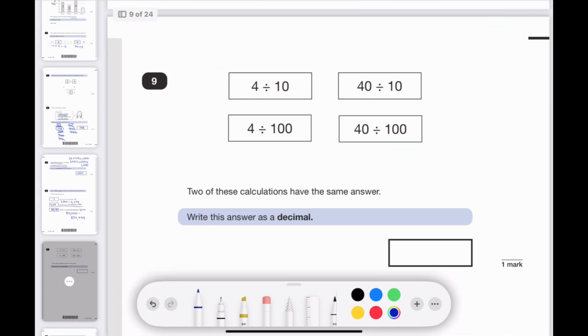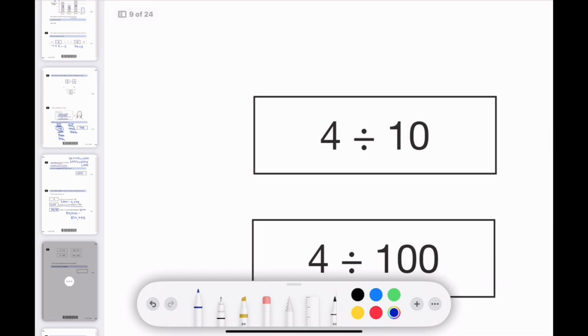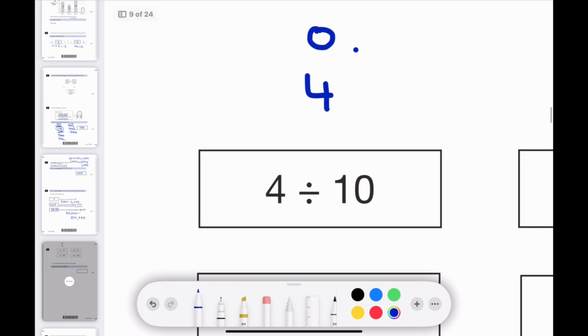Question 9. Two of these calculations have the same answer. Write this answer as a decimal. So let's work all of these out first. 4 divided by 10, we're moving the digits to the right. So we do place value, decimal point.